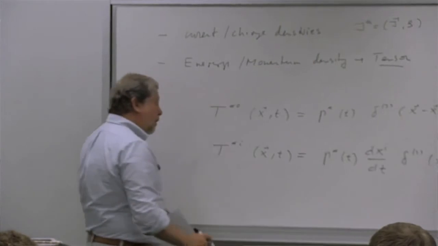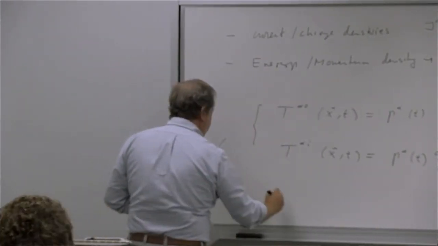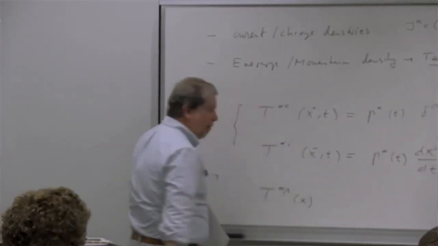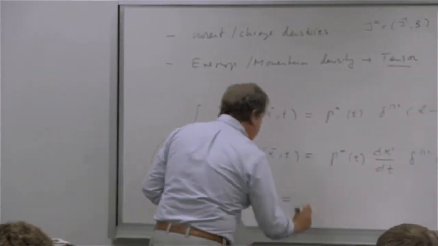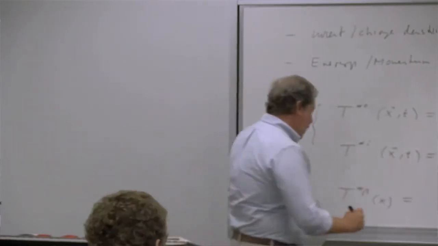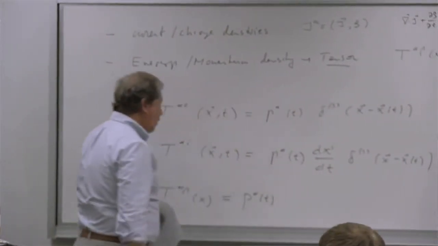All right, well, if this is true, then we can group these things together, right, and make one bold step and define T alpha beta of x to be a single expression which combines all of those together. And so that would be, again, P alpha of t for the first term.